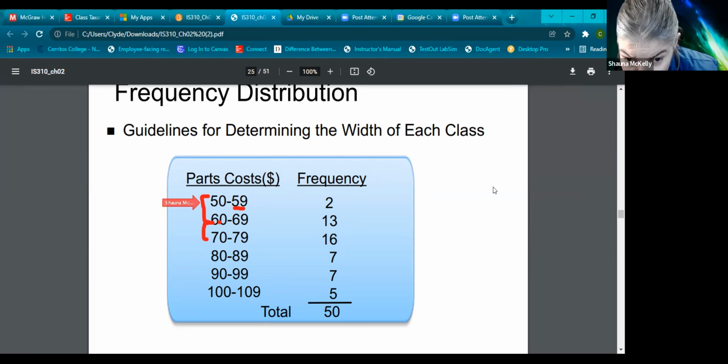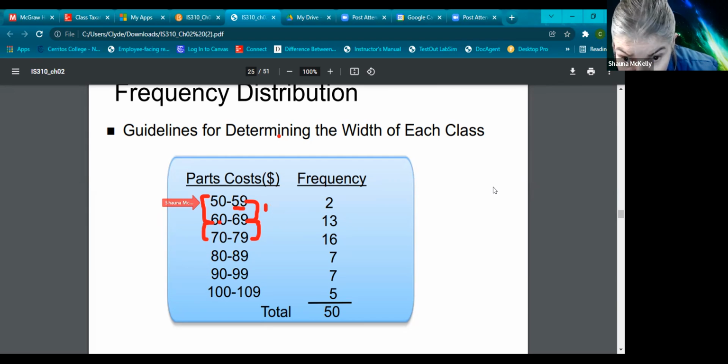And they will also be 10 units apart. So 59 plus 10, 69. 69 plus 10, 79. This difference is your class width that you found in the previous step.